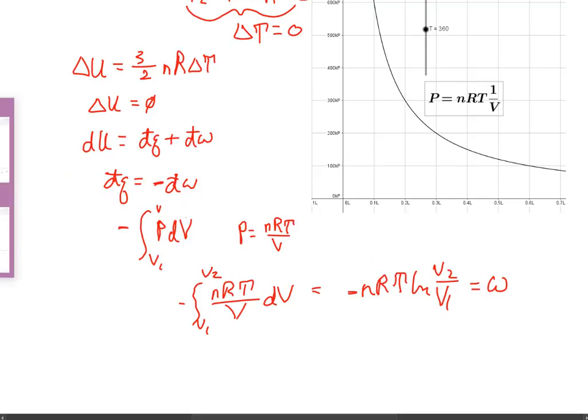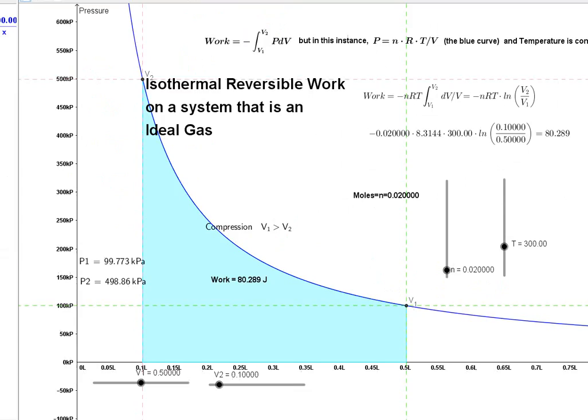Let me see if I can pull up a... All right, here is an example of isothermal work. Now, if we go from V1 to V2, the area under the curve, which is the work, is going to turn out to be a positive number, as is shown here. Now, I can change these on this particular thing.